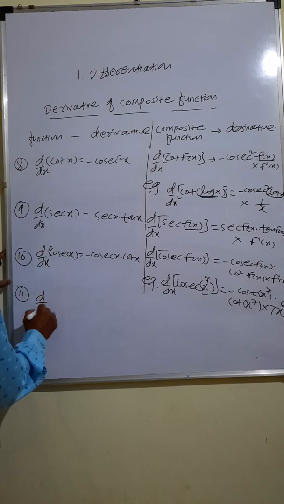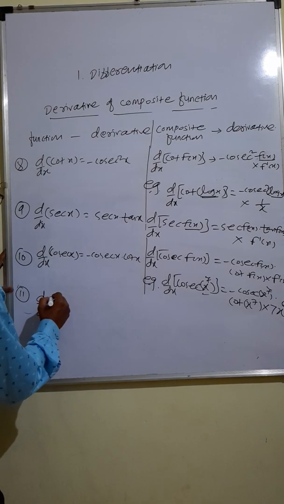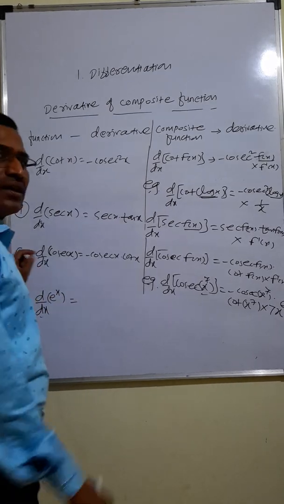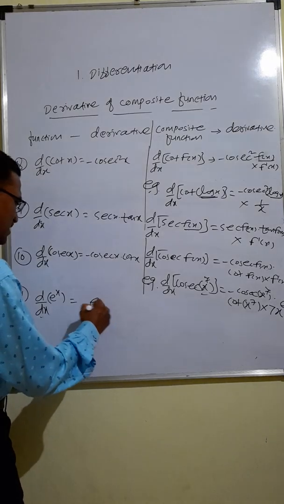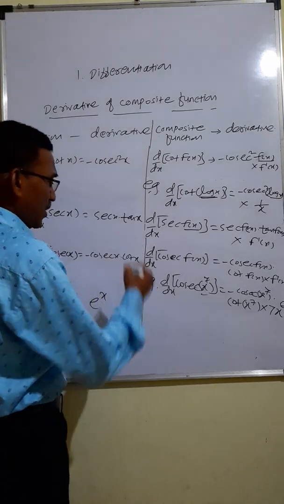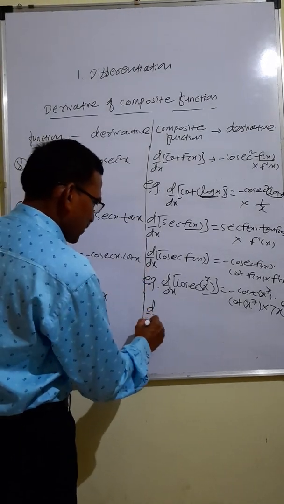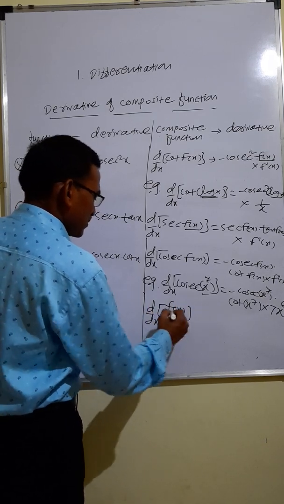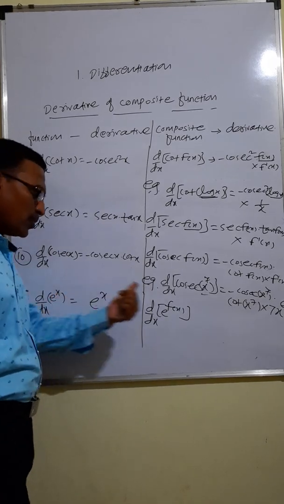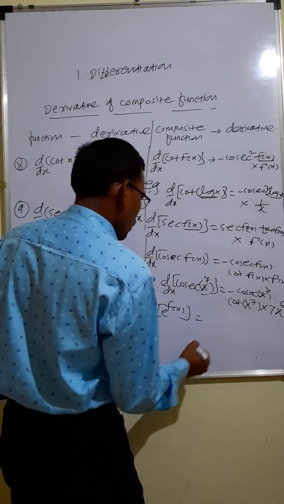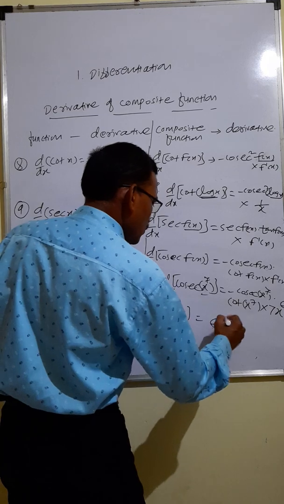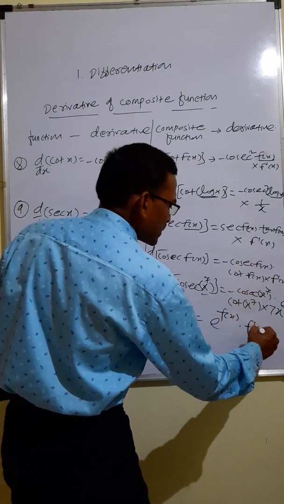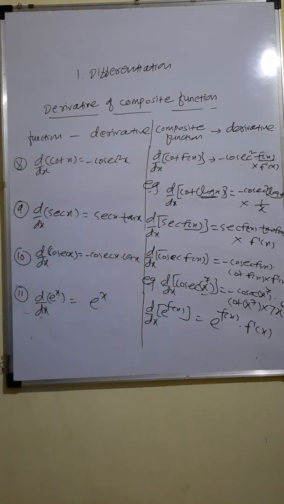The derivative of e raised to x is e raised to x, and in the same way the derivative of a composite function e raised to f of x is e raised to f of x into the derivative of that f of x, which is f dash x.